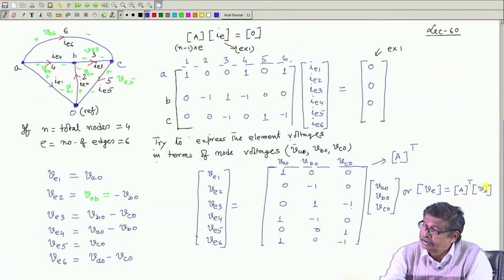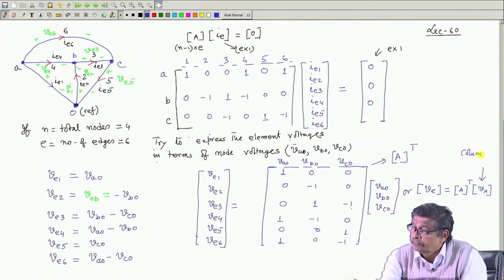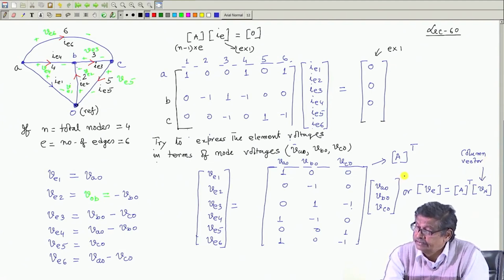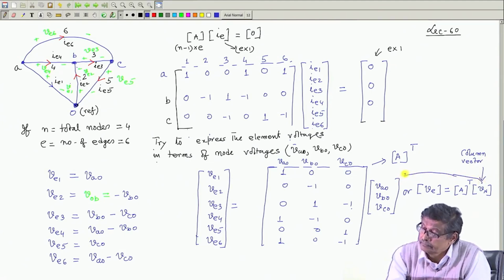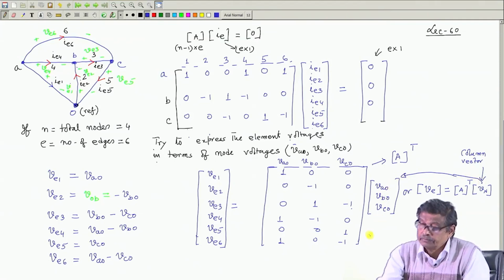So, what is this vector? Column vector, which is this: VA0, VB0, VC0, 3 entries, because there are 3 nodes.